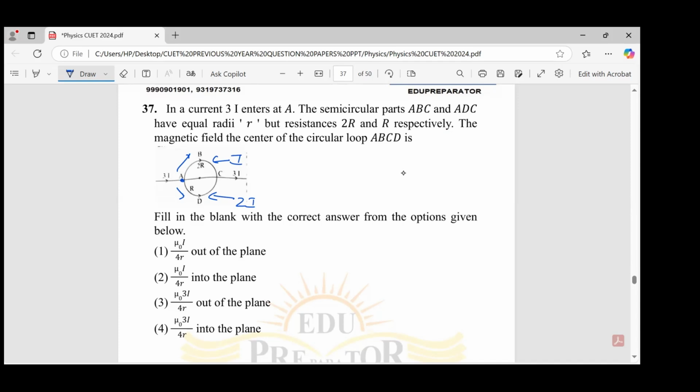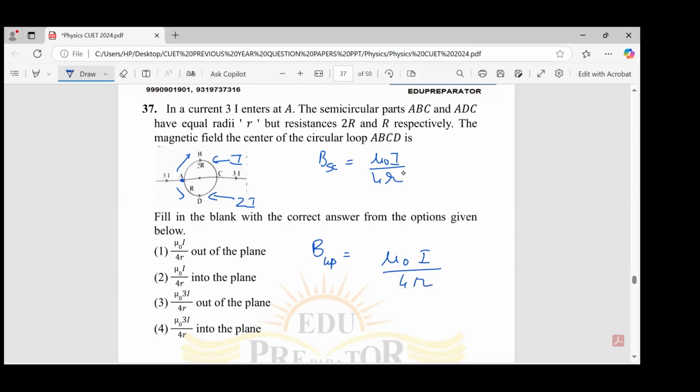Now we are having these two as a semicircular arc. So magnetic field due to semicircular arc is equal to mu naught I upon 4R. We all know the formula. So we'll be using the concept of direction of magnetic field. So we find that B1, that is due to the upper part, will be equal to mu naught into I upon 4R, right?